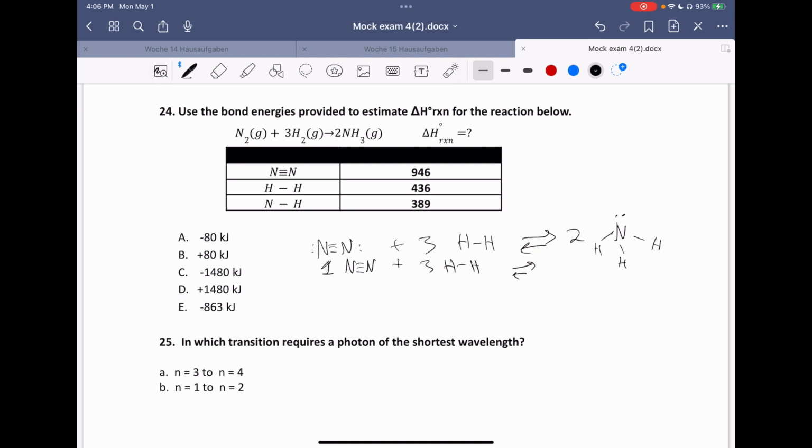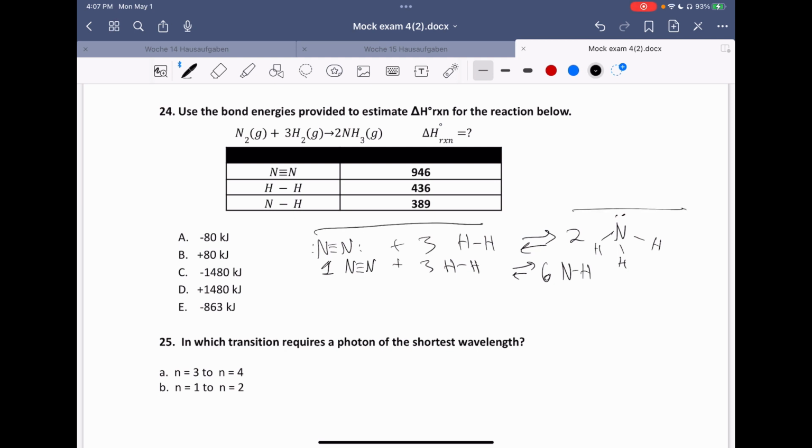For 1 mole of ammonia, there are 3 N-H bonds, but we have 2 moles, so we're forming a total of 6 N-H bonds. And remember that if you're using bond enthalpies or bond energies to calculate delta H of reaction, you do bonds broken minus bonds formed. So we break these bonds and we form these bonds.